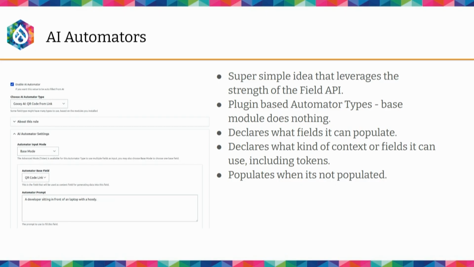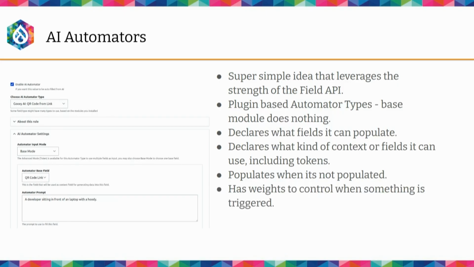And the logic of it is actually very, very simple. It populates when it's not populated, which means that if you want a human in the loop, you can also fill out specific fields by yourself. The editor can fill these out, and then the AI doesn't do anything. Or the fields that the AI filled out were maybe not correct, so then the human can go in and just fix them.